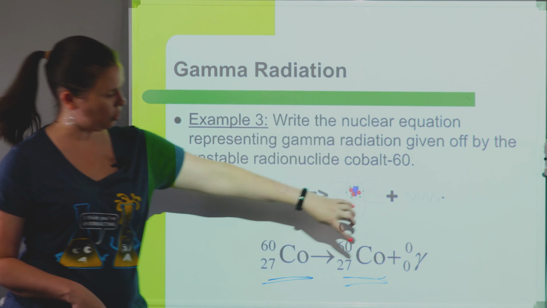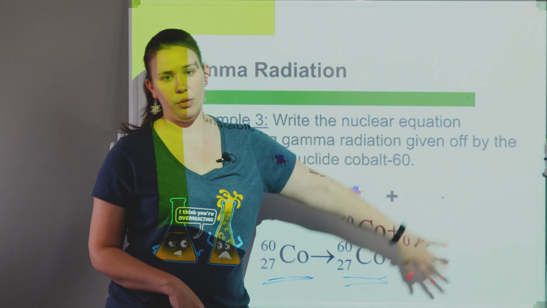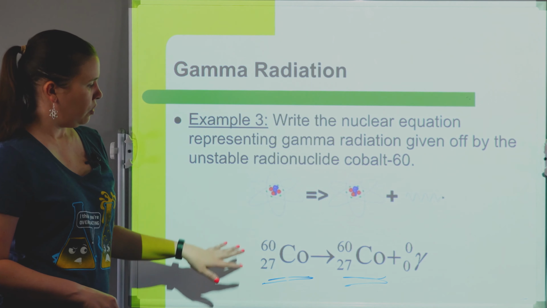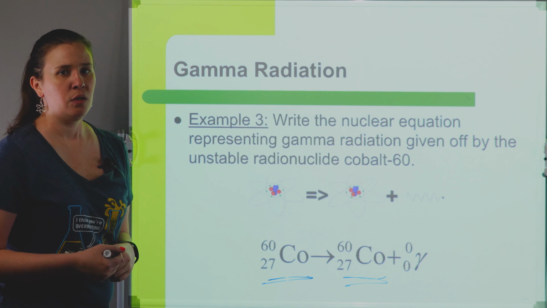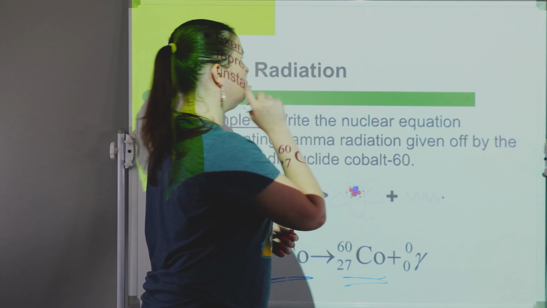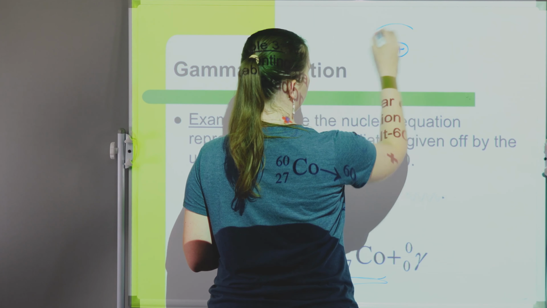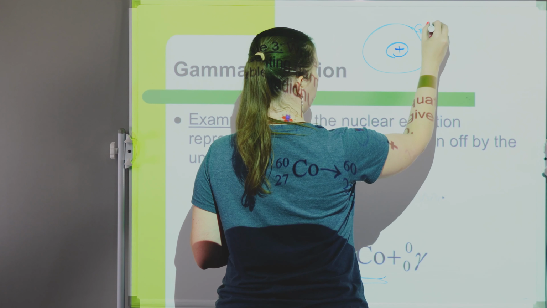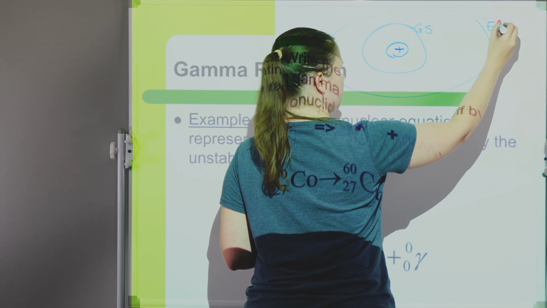I had to have all of this energy in the cobalt to start with in order for it to break down out of the cobalt. So what would be different about these two atoms actually? Well, this ties all the way back to Unit 2 when we talked about ground state and excited state. Remember we had the nucleus, we had a low energy state, and then we had a high energy state.